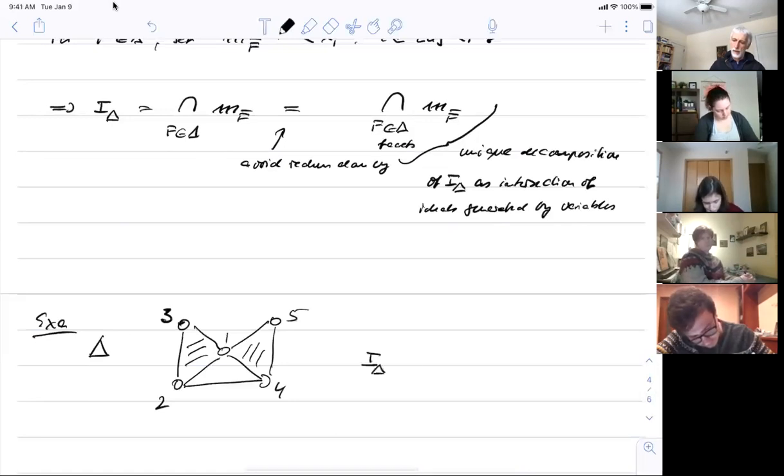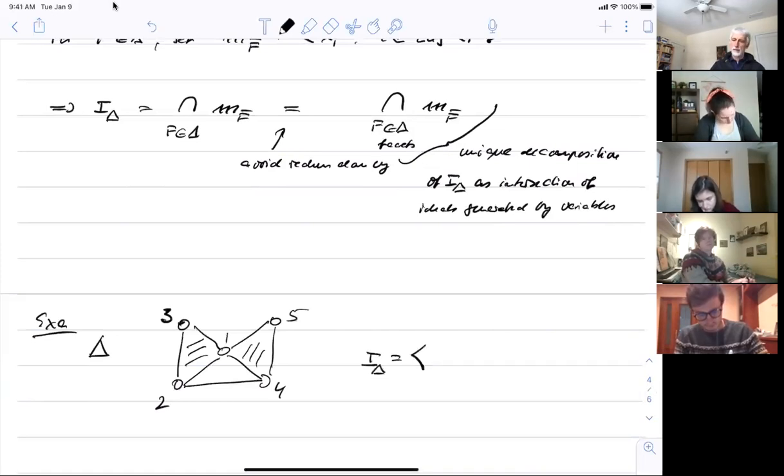The Stanley-Reisner ideal of this complex is determined by the non-faces. 2 and 5 are not connected, and 3, 4 and 3, 5 are not connected.